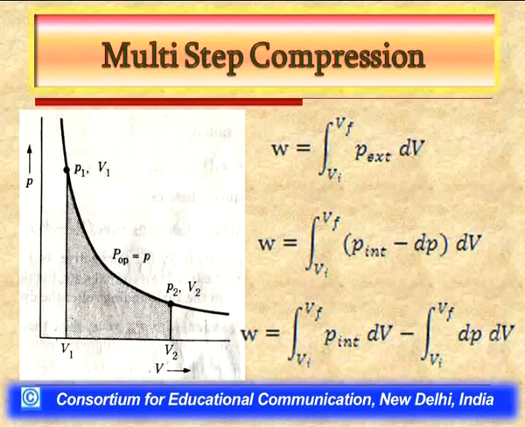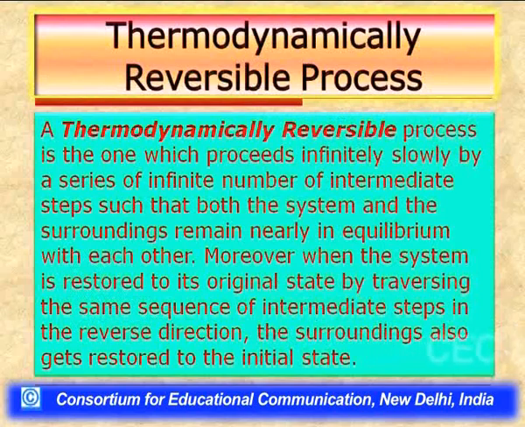Why do we want to calculate the work involved in a multi-step expansion and compression process? Basically, it is the work and heat effects, which are path functions, which actually lead to calculation of important physical properties when a state change is being brought about.